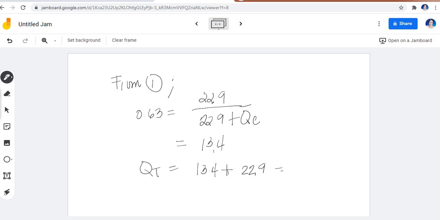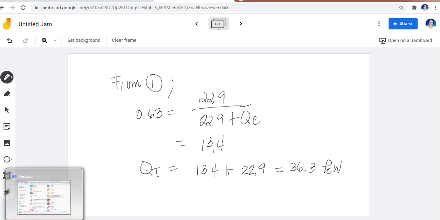This will result to 36.3 kilojoules per second. So in that case, it's not far from the value that we have here in the original Q, which is 35.7. This one is 36.3.